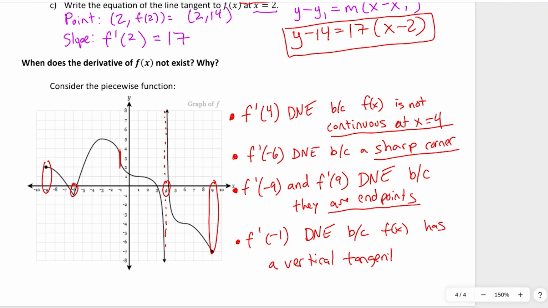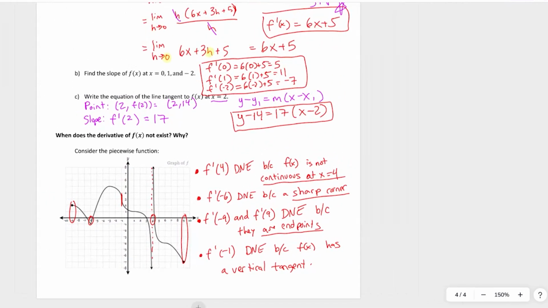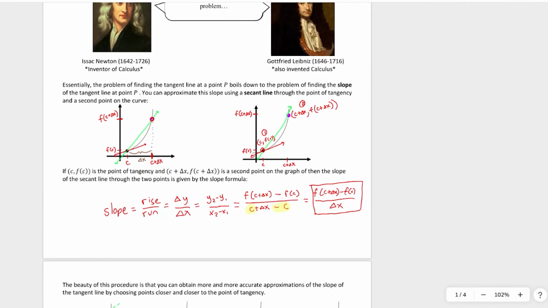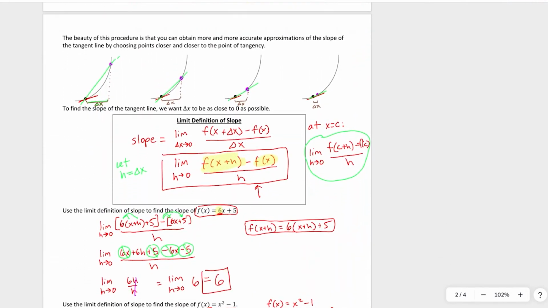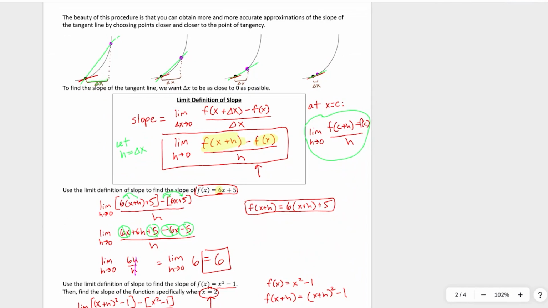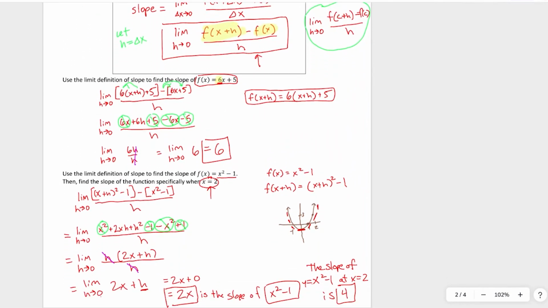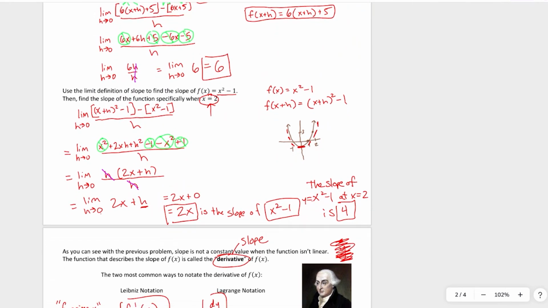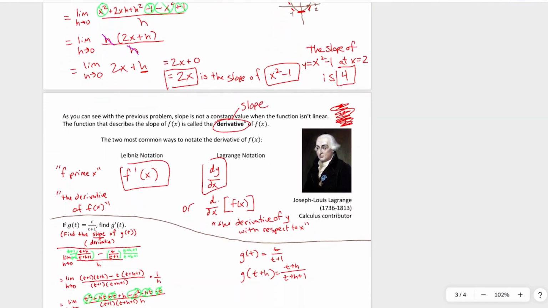So in today's lesson, we talked about what slope is. How do we find the slope of a curve? We're going to find it using this limit definition. That's where the limits come into play. What we did is we looked at several different equations and found their slope formula, which we're now going to call the derivative.